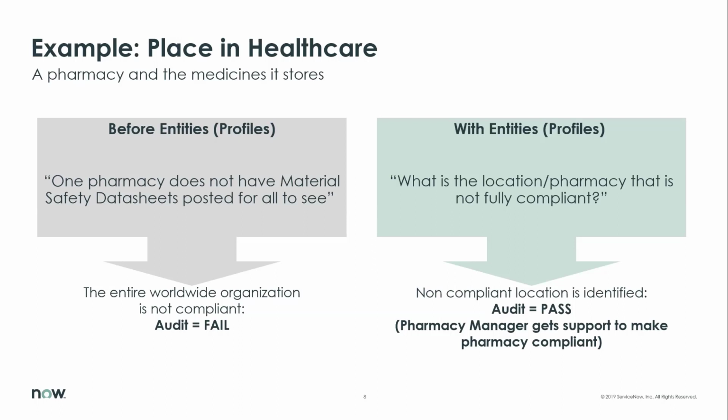And each one of those controls would be assigned to the local owner or the local manager of that particular location, who could then provide the evidence, could complete the tasks, provide the information for the control test that they needed, which in turn meant things weren't going to fall through the cracks, because they could easily report on the tasks and what locations are doing the things that they're supposed to do, what locations aren't, and they could make sure that all of their individual pharmacy locations were compliant with the controls and they didn't miss anything.